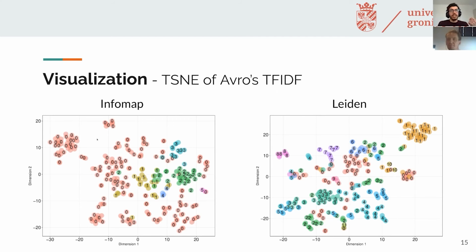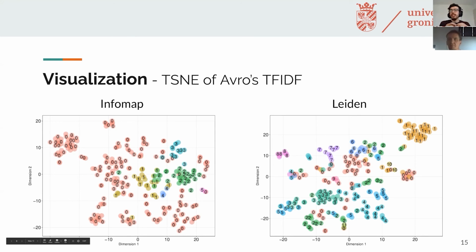So from Infomap, we can see that, as previously mentioned, it extracts communities that are larger. And this also translates in the fact that sometimes it can basically just cover the entire semantic space of the project.